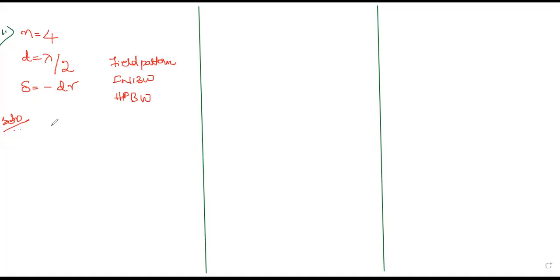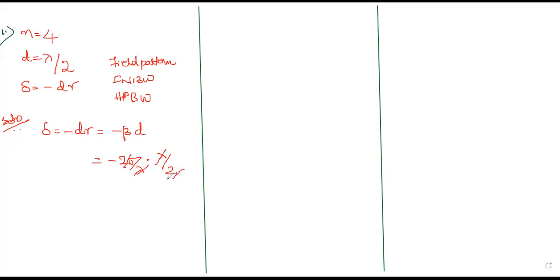Okay. The first thing you have to do in the problem, what do you need to find out? You need to find the delta value first. So delta is equal to minus dr, but we know that dr is equal to minus beta d. Beta value we already know is 2 pi by lambda. The d value is given in the question, lambda by 2.